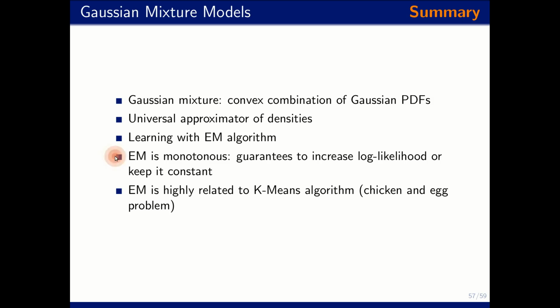It's monotonous. It guarantees to increase the log likelihood or keep it constant, so it can never decrease the log likelihood. However, the log likelihood function of Gaussian mixtures is non-concave, so EM can only guarantee a local optimum. And EM is highly related to the k-means algorithm, by solving this chicken and egg problem: assignment of data points to clusters or components, and then updating the cluster.